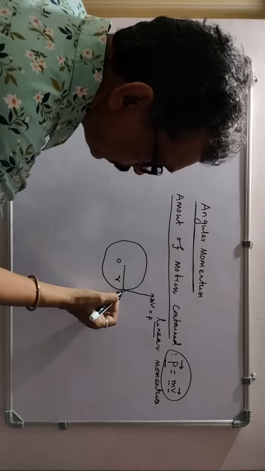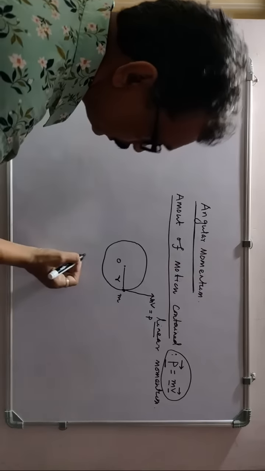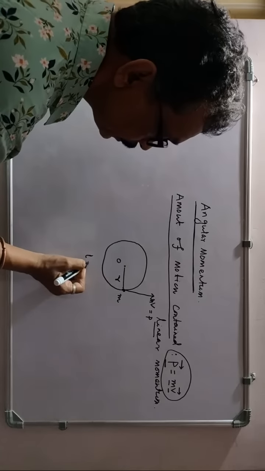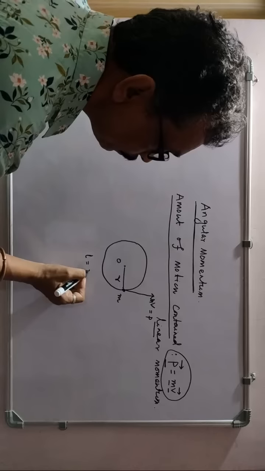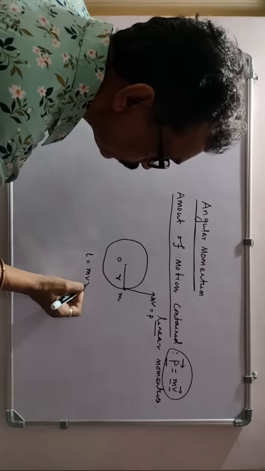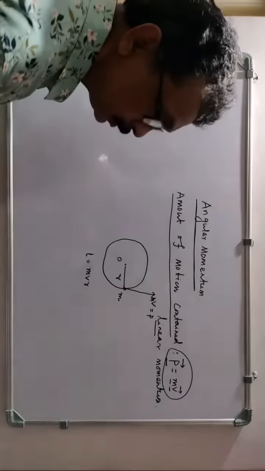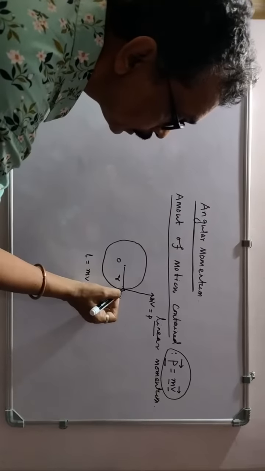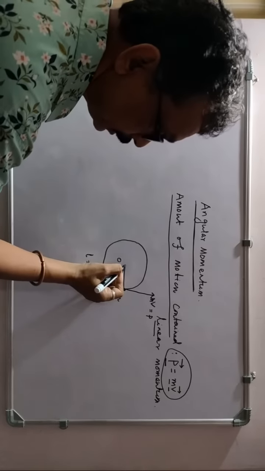So here angular momentum L is defined as mass into velocity into the distance from this point to this point, this distance.